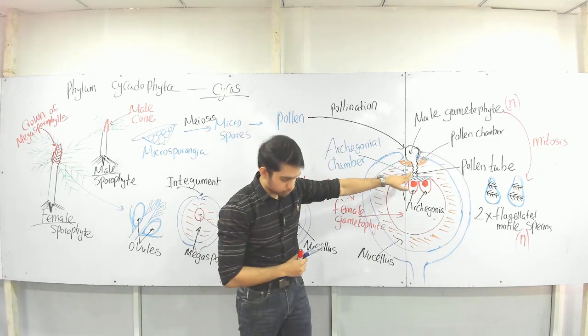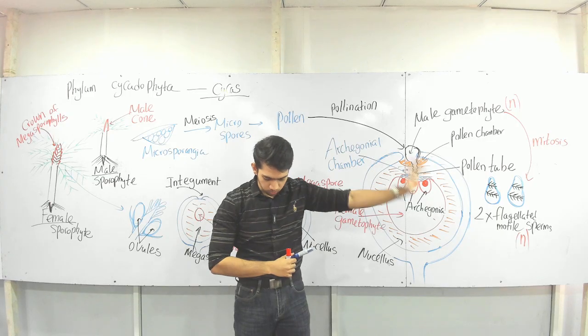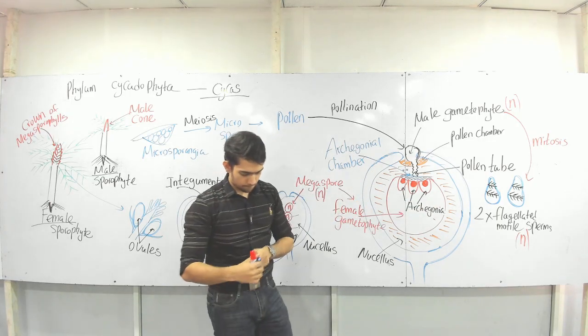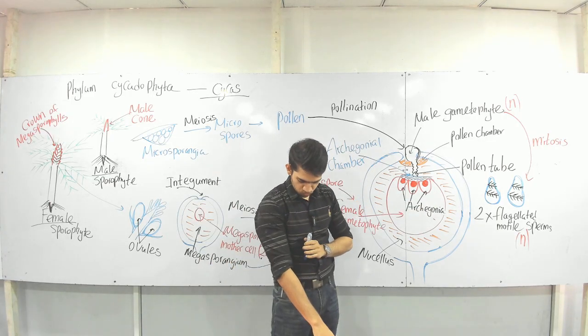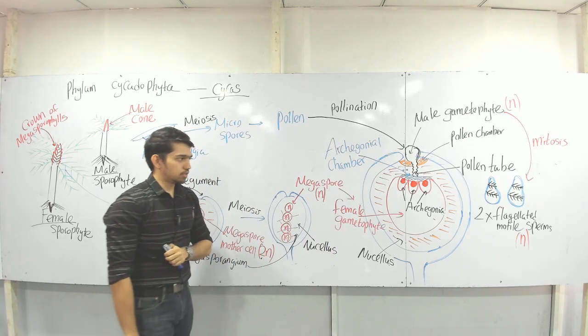The end of the pollen tube ruptures, releasing the sperms into the archegonial chamber. Sperms swim through liquid medium. Highlight. They swim through liquid medium and fertilize the egg.